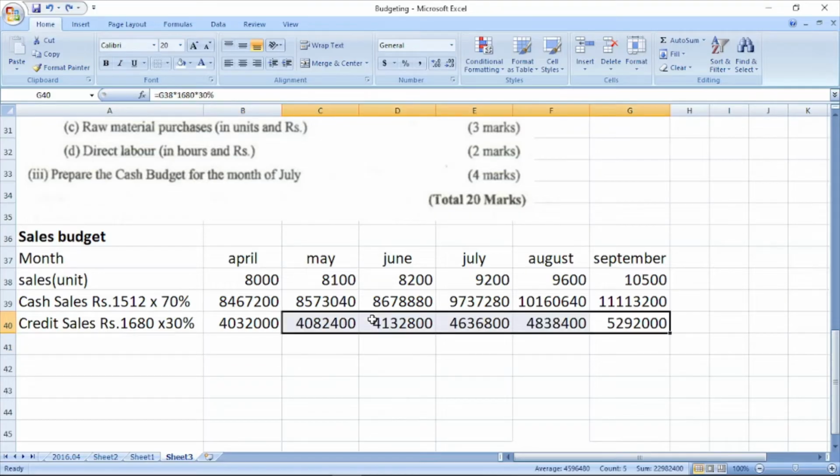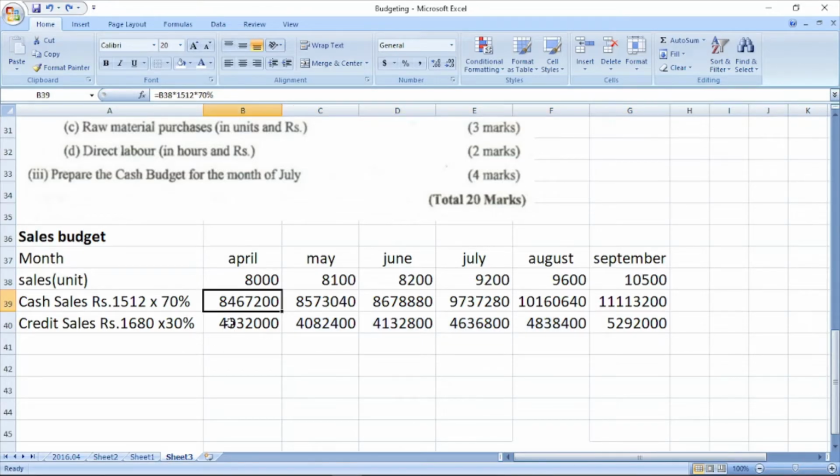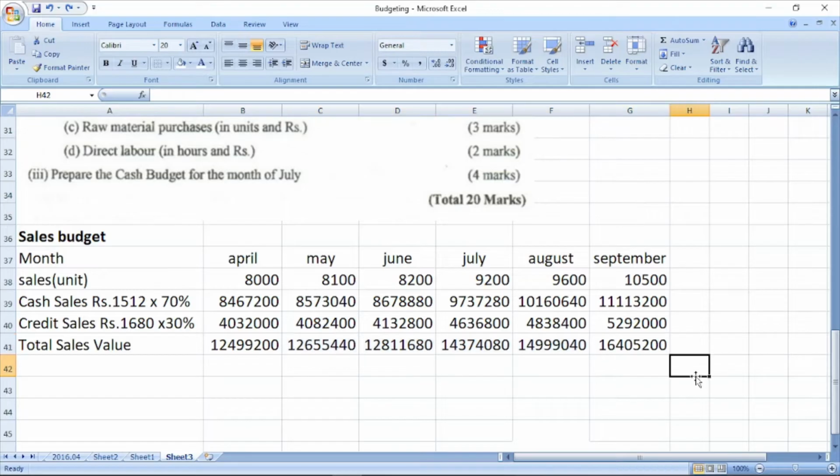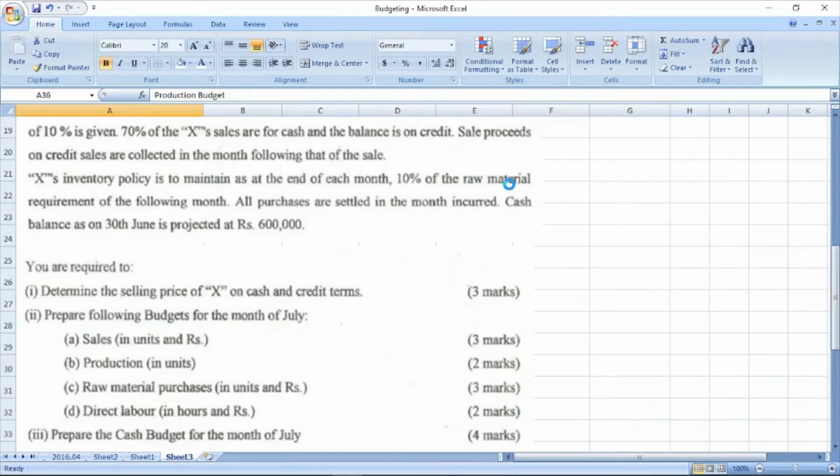Likewise get the other values. Now we can get the sales revenue for each month. How do we get the total? The 70% plus 30% is the total sales. Likewise get the other values. Section B, production budget for the month of July.